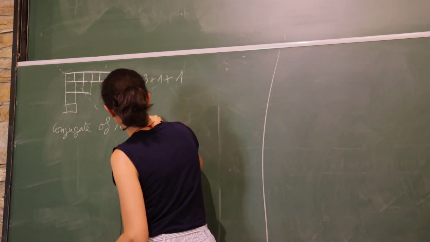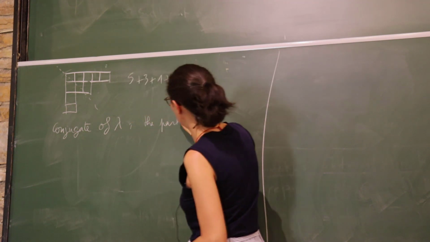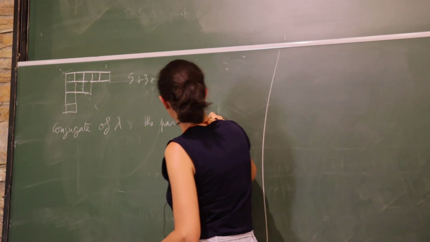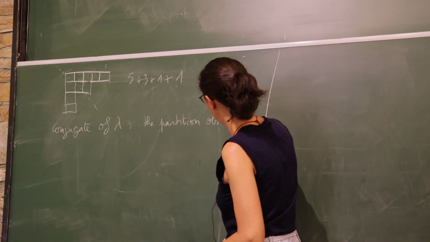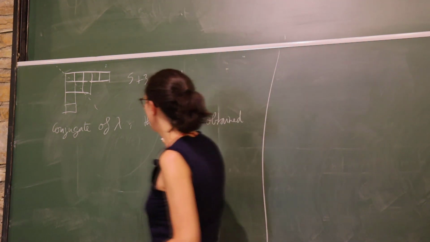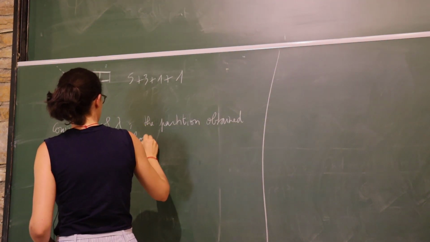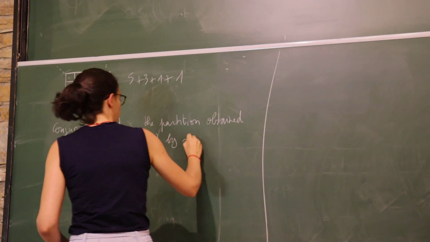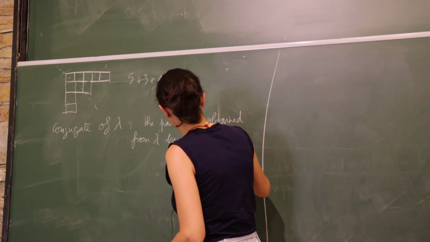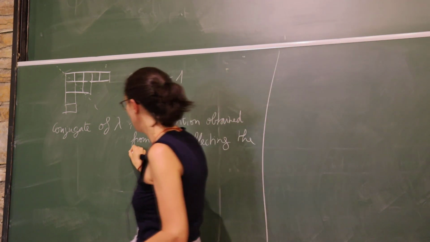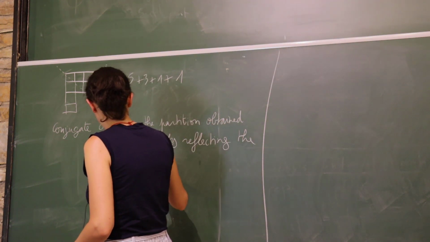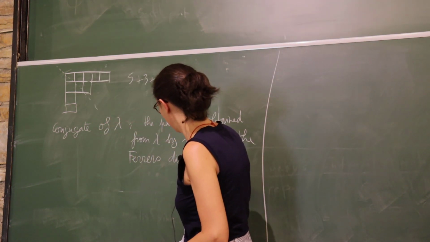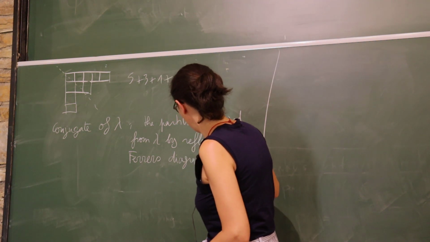So the conjugate is the partition obtained from lambda by reflecting the Ferrer's diagram along the diagonal.